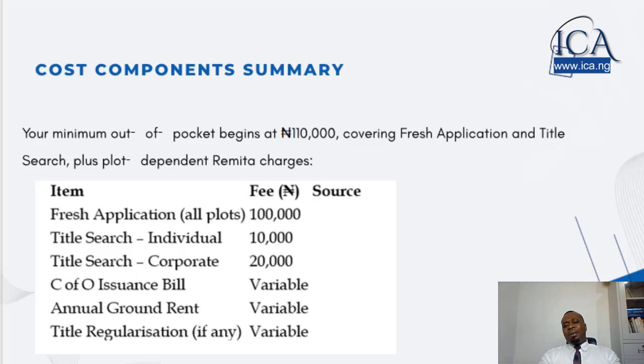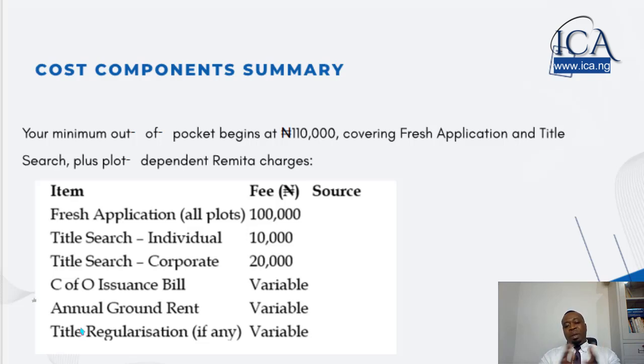Okay, let's now look at the cost component once more. Your minimum out-of-pocket begins with the sum of 110,000 naira, and it covers the fresh application fee and also the title search, and also you have to factor in all the Remita charges that come with it.